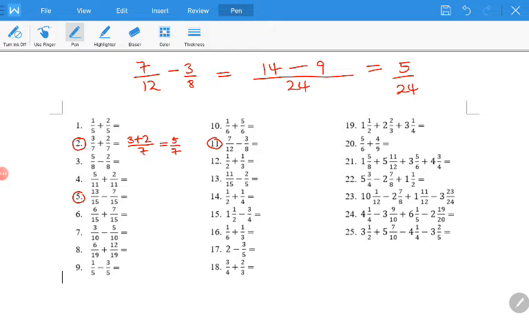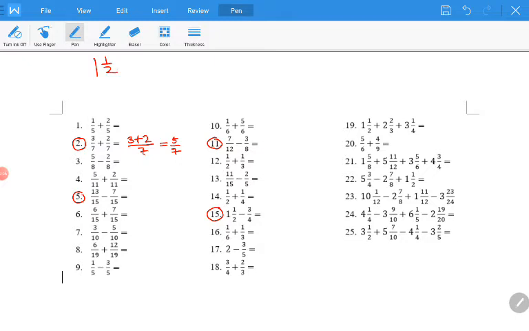Then let's look at question 15, which is a bit different. Question 15 consists of mixed numbers. So how do we solve it? Question 15 is 1.5 minus 3 over 4. So the first thing here is to convert 1.5 into a fraction.